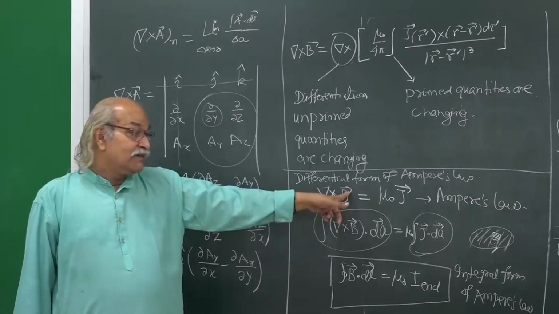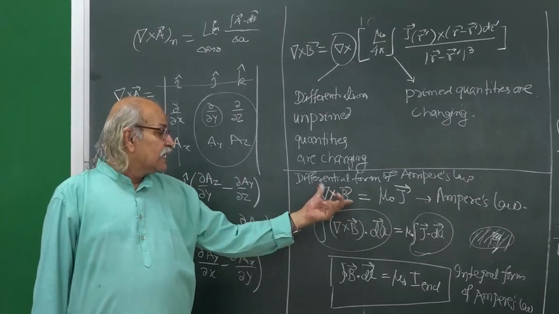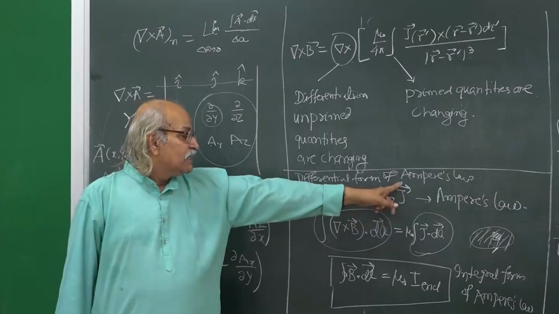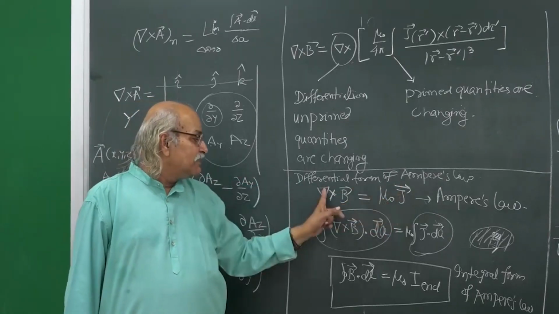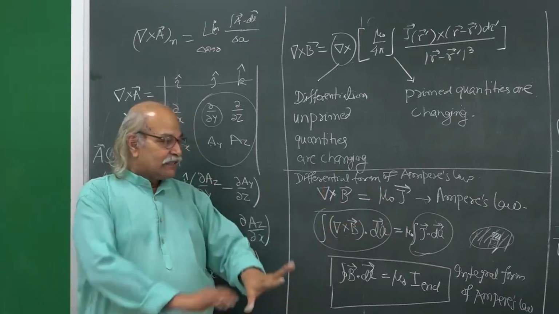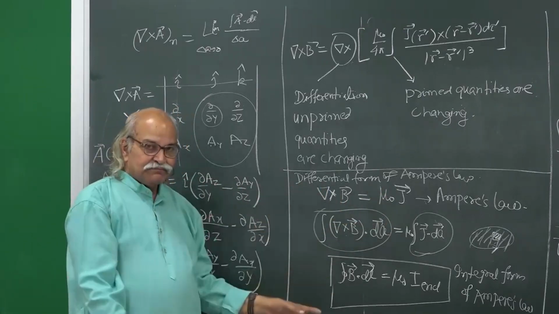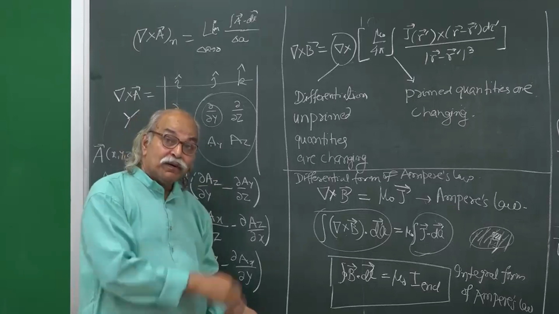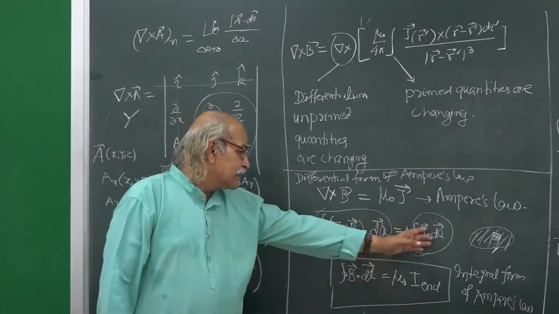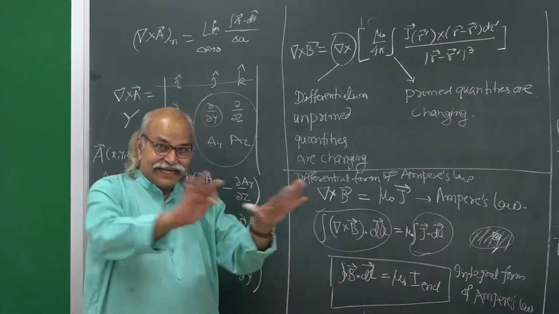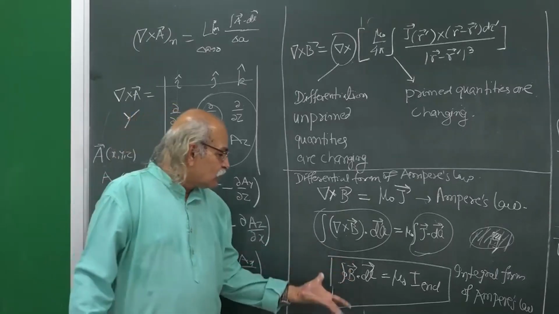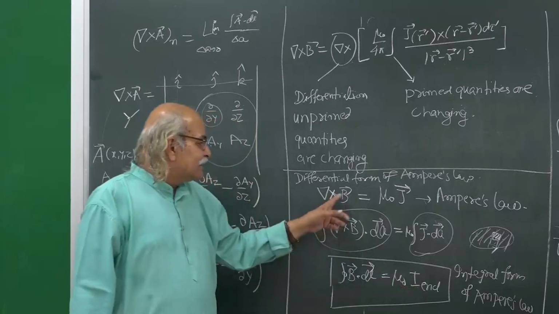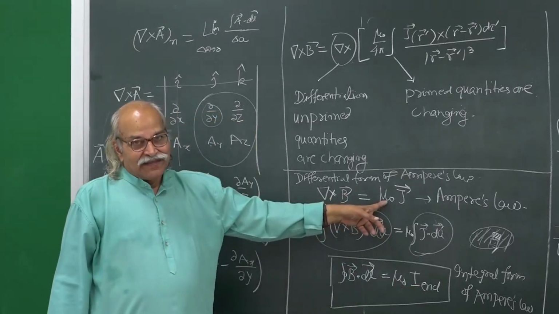At a given point there is a value of curl of B, and at a given point you have a value of this volume current density. So, point by point these two should be equal. This is an overall summation of B dot dl on a big loop, and then this area integration of current through the whole area bounded by the loop. So, this is that kind of overall quantity, and here it is point by point.